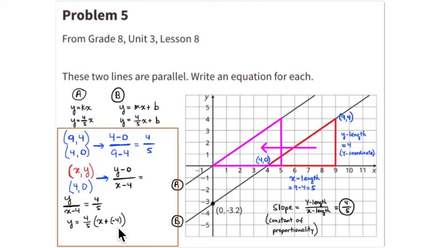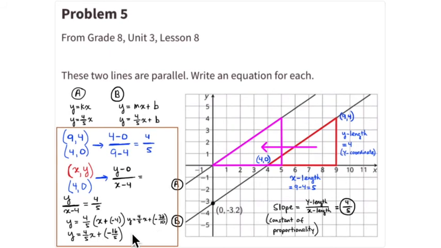You can do that. Hopefully you're used to doing that by now. It makes it easier to use the distributive property. You will not get confused. So the next step is to use that distributive property. That's 4/5 x plus a negative 16/5. So 4 times a negative 4 is negative 16, and it's a negative 16/5.